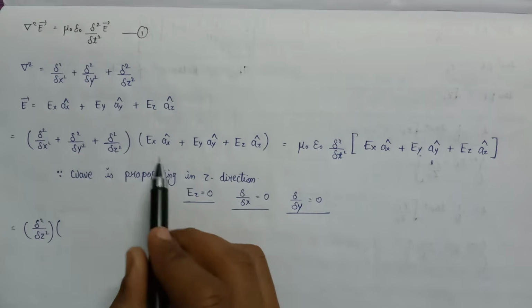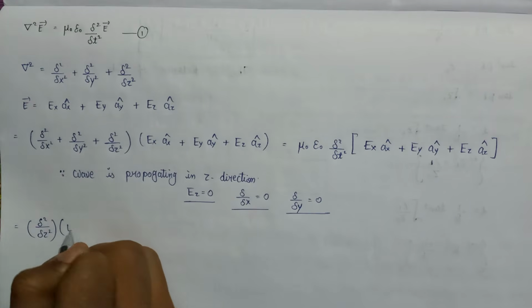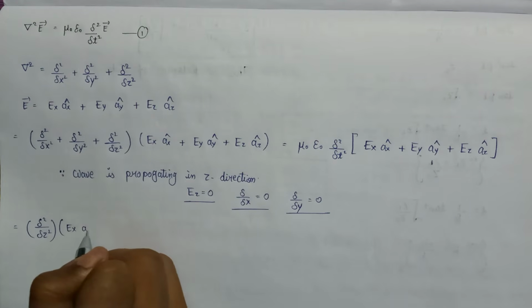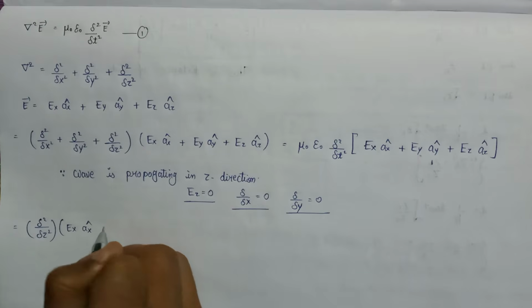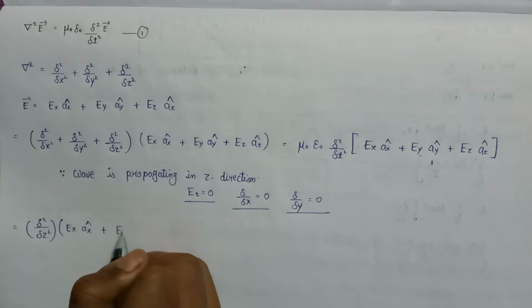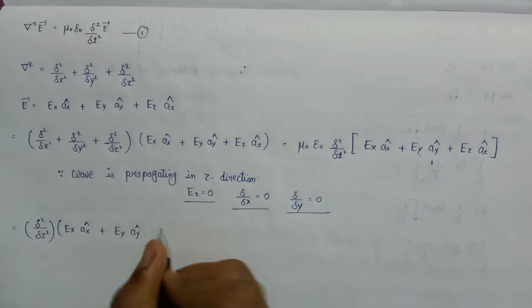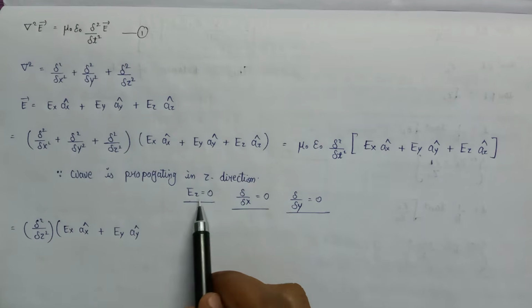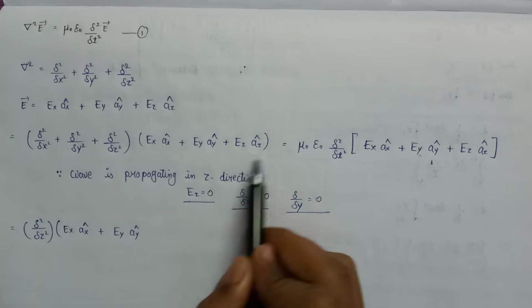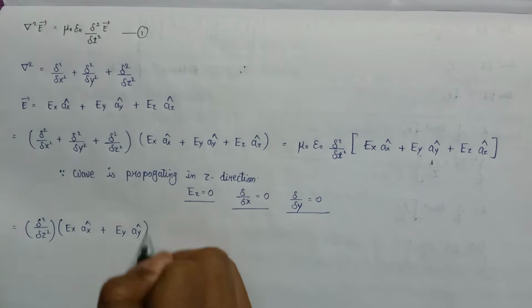And Ex Ax cap can be written as it is, plus Ey Ay cap, and now here is Ez. Since Ez is equal to 0, this term will become 0 only.